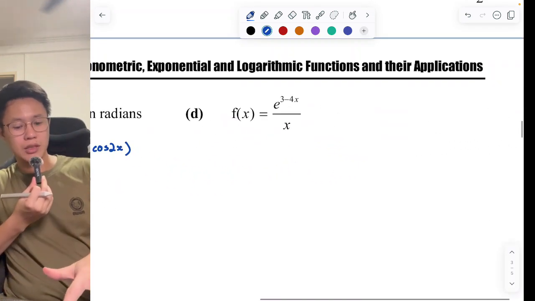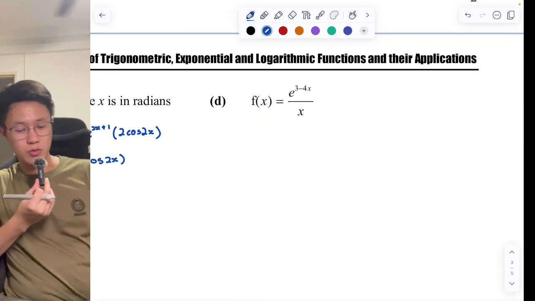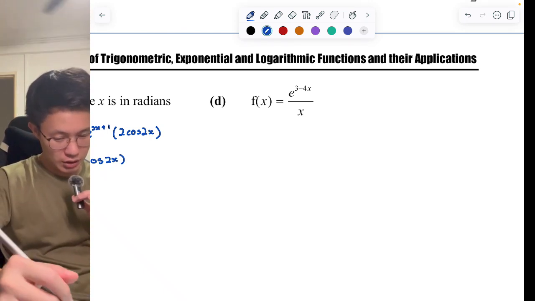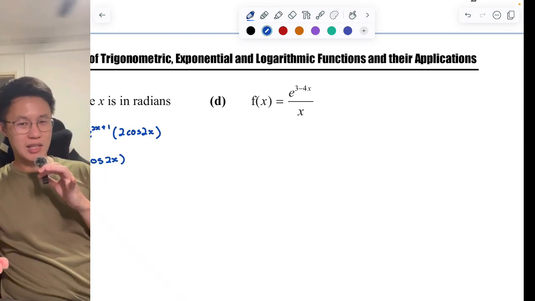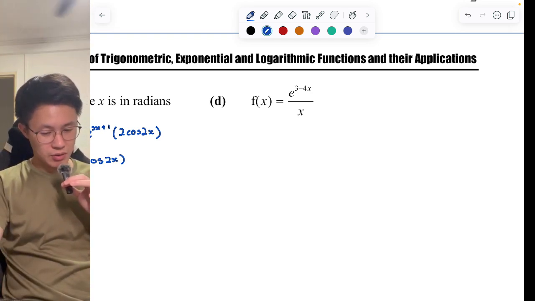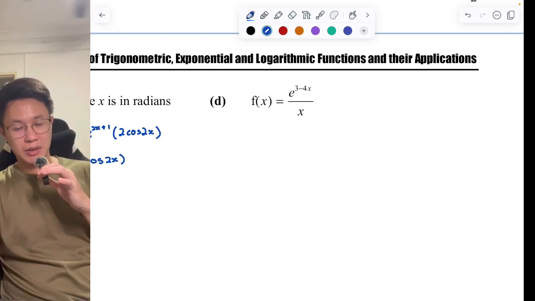Now the last one over here is in the form of a quotient rule. Quotient rule is not that straightforward, but in this case, this question seems quite easy. You know, we're going to tackle it head on. So we have f(x) equals e to the power of 3 minus 4x divided by x.